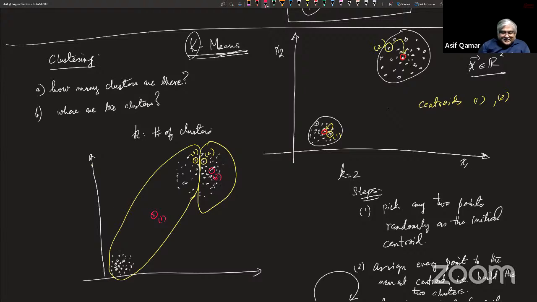Now let's use a different color. Now that the centroid has moved here, let us redo the clusters. So it is clear that, let's say, if you make the cluster for 2, you would agree that most of these points would have gone to 2, and the rest of these points and all of this would go to 1.